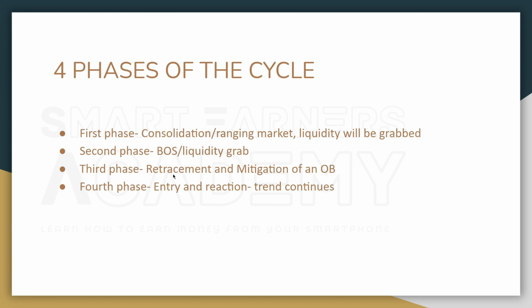And then the third phase, retracement and mitigation of an OB, right? Near the consolidation, we will usually find there is an OB, and price will retrace to that point, and then it will be mitigated, right? And then the fourth phase is entry and reaction, right? So we're going to enter, price is going to react, and then the trend will continue. So continuation as well, you could call it.